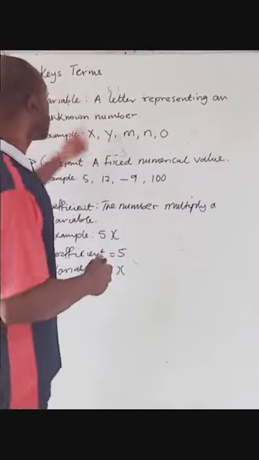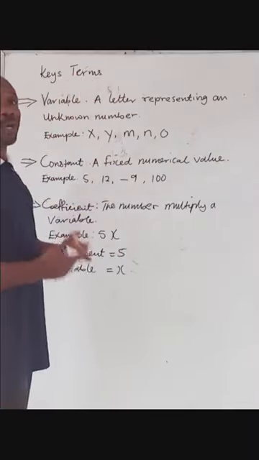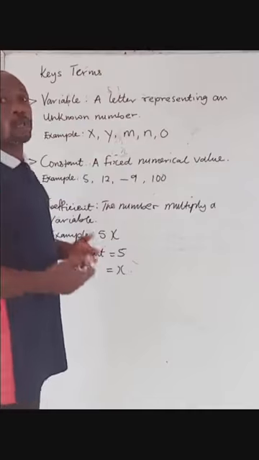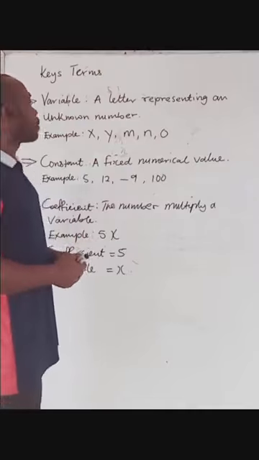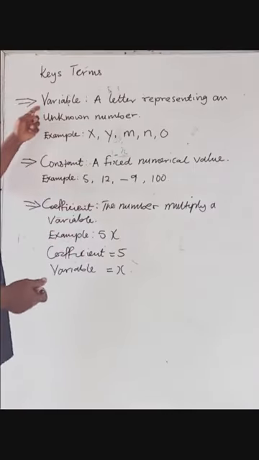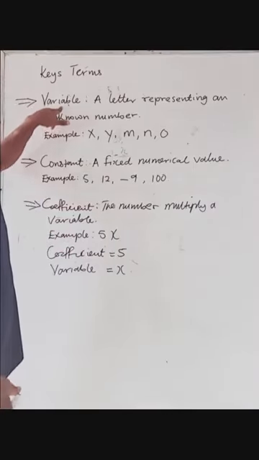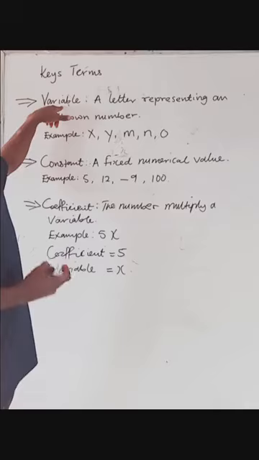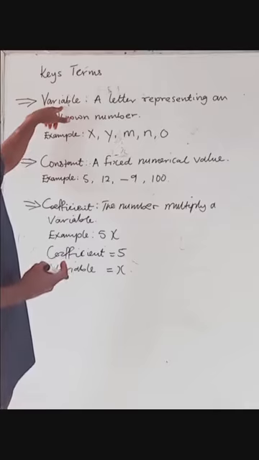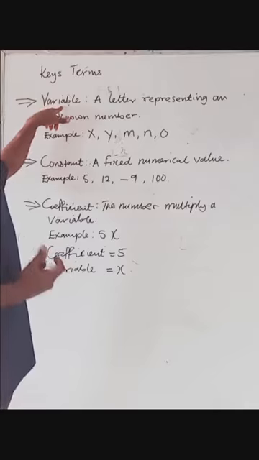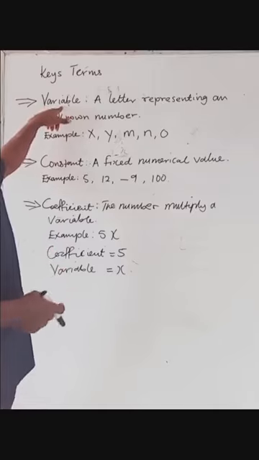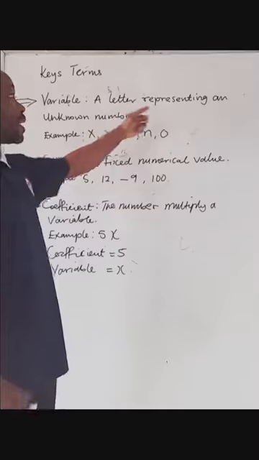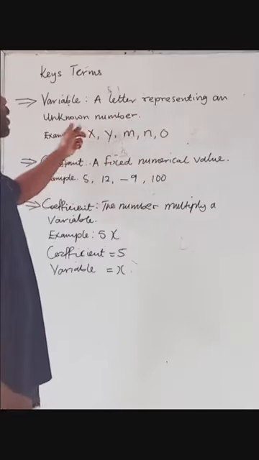These are the key terms that you will come across in any algebraic expression. Number one, a variable. A variable is a part of an algebraic expression. A variable is a letter representing an unknown number.